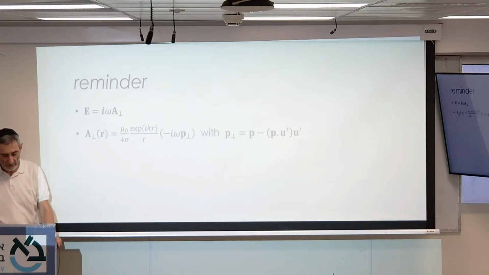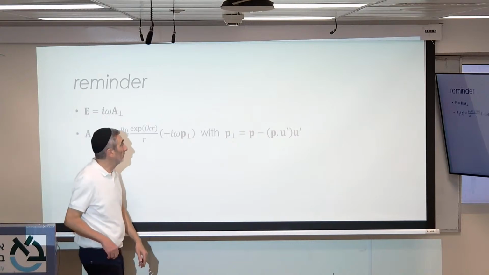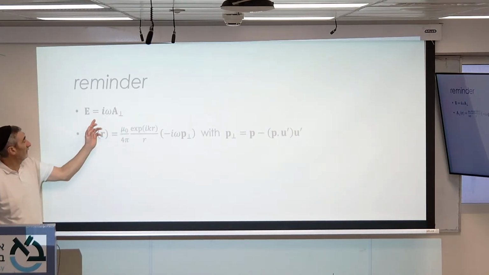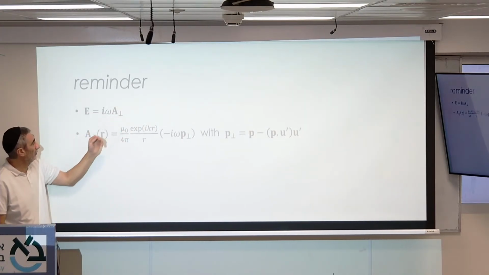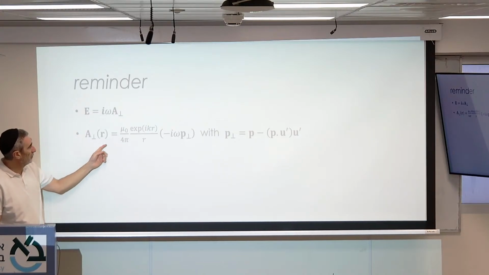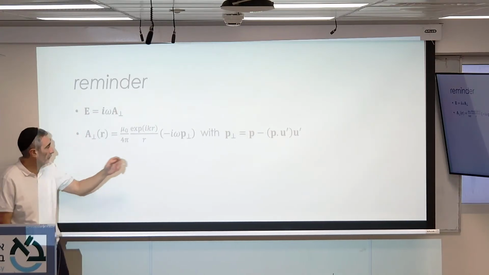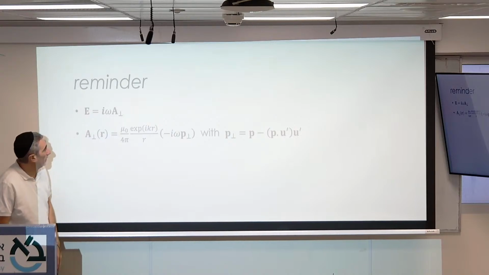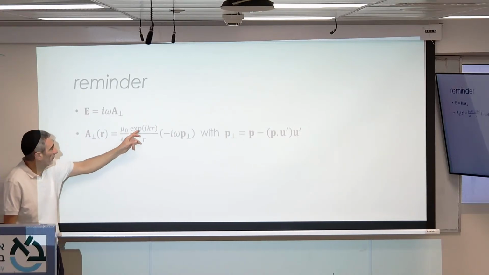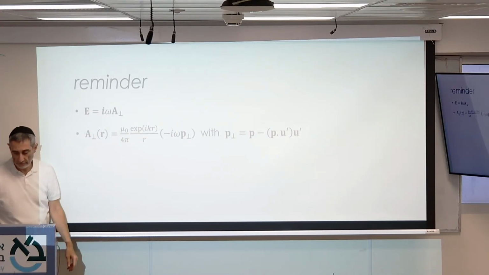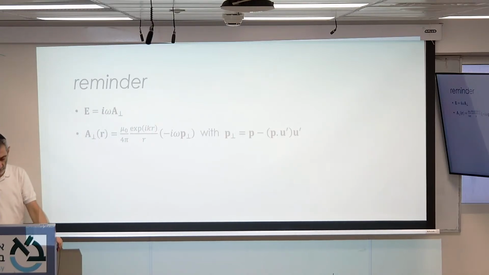So just to remind you, we saw that the E field can be written as i omega A orthogonal, with this expression for A orthogonal as a function of P: mu 0 over 4 pi, exponential ikR over R. Just to remind you what we found before.